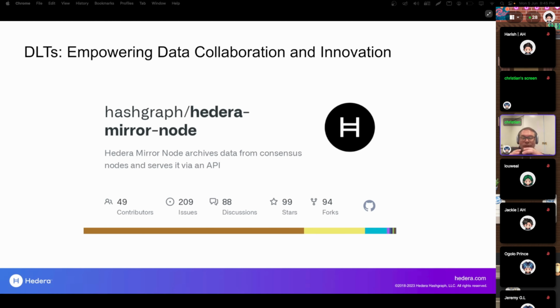And then the actual physical data itself resides off-chain and is stored via a mirror node. And then there's a very easy way via the API to query the mirror node, and that provides a very cheap and scalable way to do that as well, so that you don't have to query the data itself or the ledger itself.